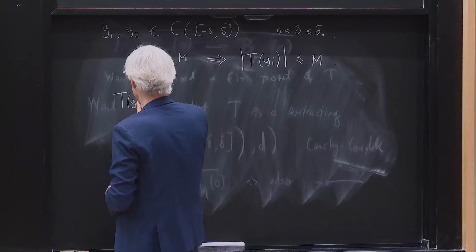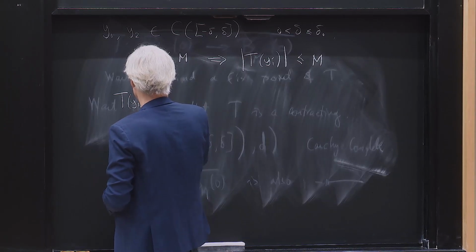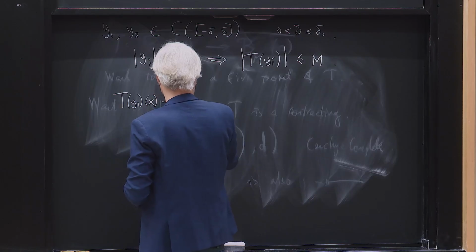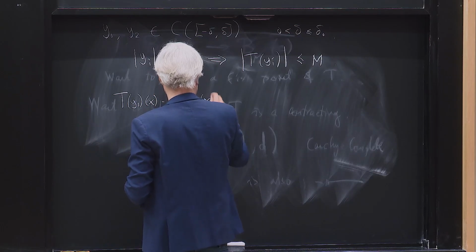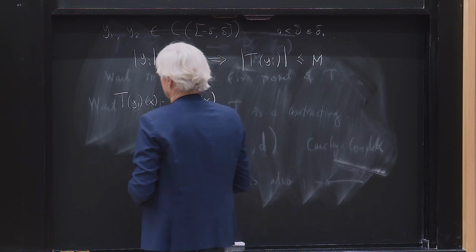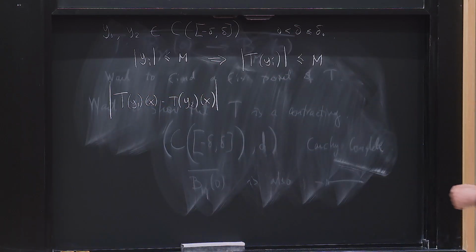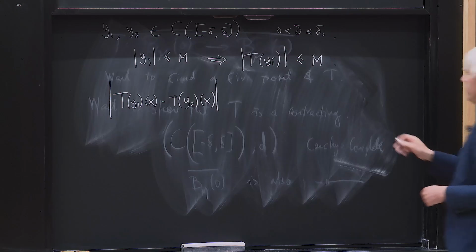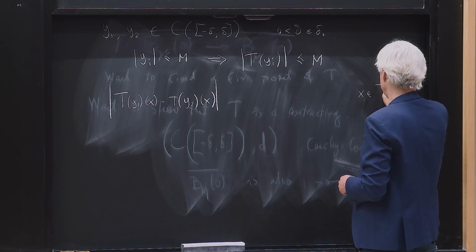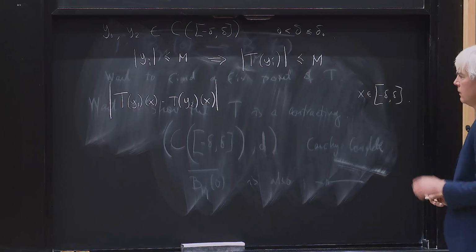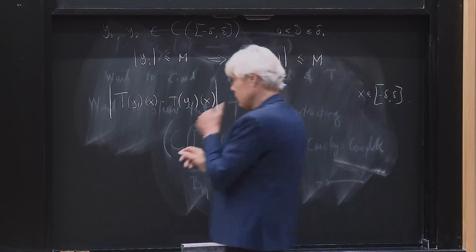Okay, so now let's look at the difference. So T of y1 of x minus T of y2 of x. And we're interested in the norm here. And now x here is in this smaller interval. So now let's just write down what the map is.